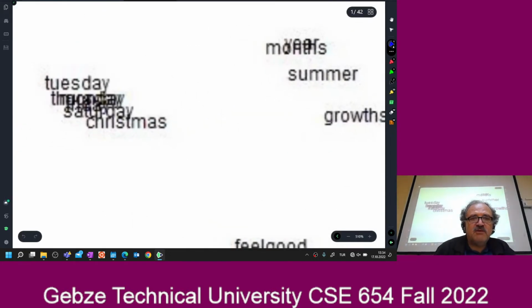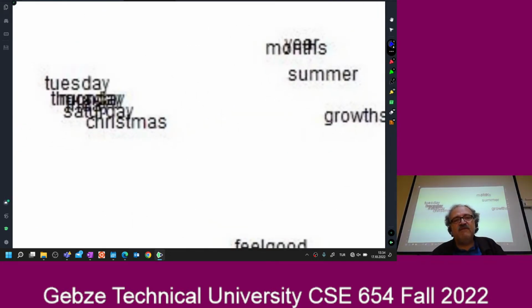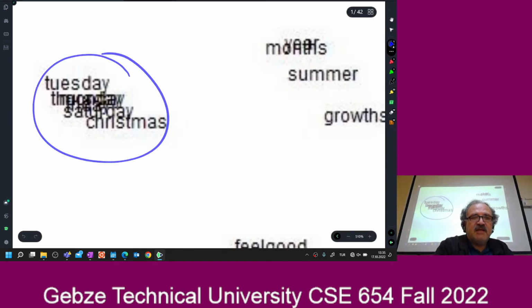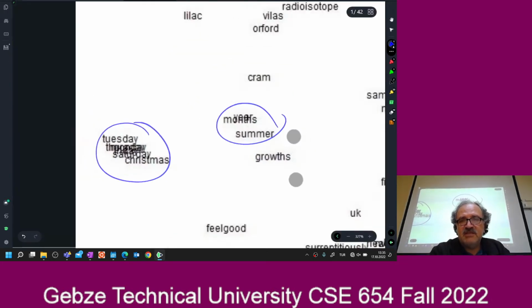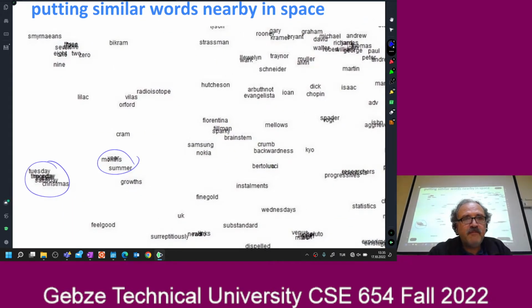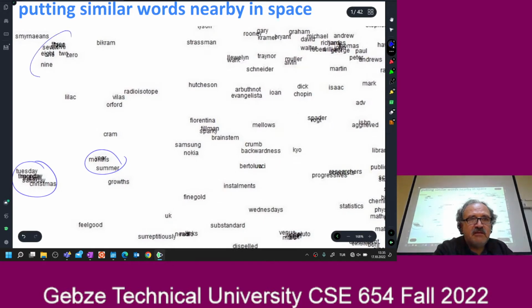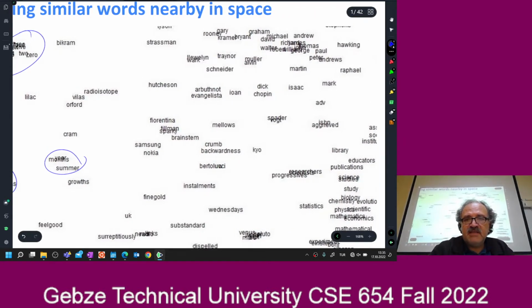Okay, so in a fully unsupervised way, without marking anything by hand, it figures out that these words are close to each other: Tuesday, Thursday, Saturday, Christmas, and the months, year, summer, etc. These are very close by, and these numbers are very close by, etc.